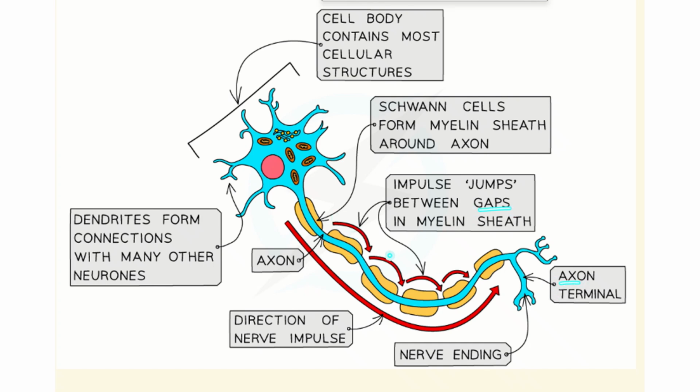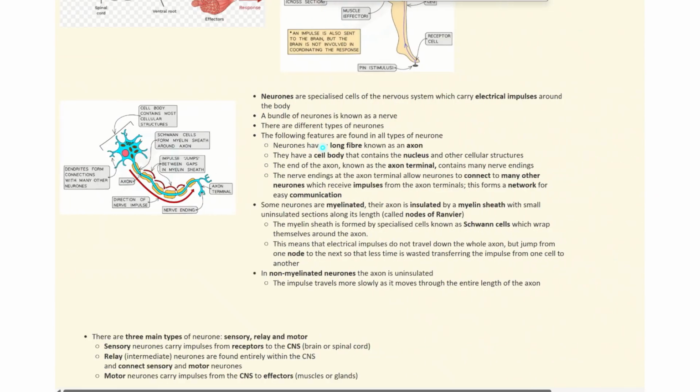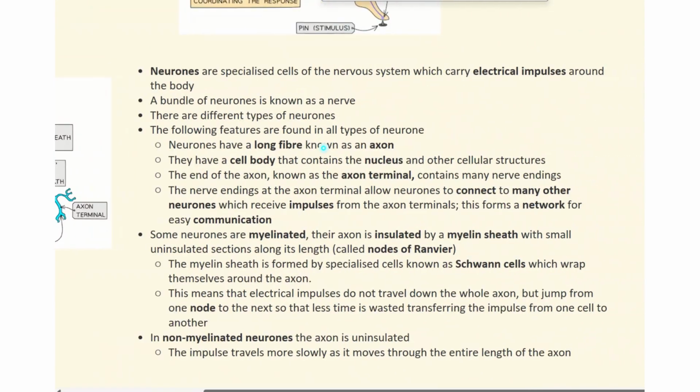So we should be quite happy with this. I'm just introducing you now to the idea that there will definitely be organelles in the cytoplasm of the cell body. Okay? All right, so that's a generic, general structure of a neuron. And you can press pause and make your notes on this bit here.